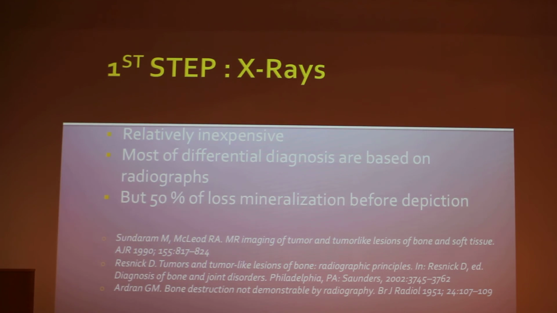X-rays are the first study to perform because it's inexpensive, and a lot of differential diagnoses are made on X-rays, especially benign lesions. Just keep in mind that you need to lose 50% of the normal mineralization before being able to depict a lesion. So just keep in mind that it's normal that you don't see anything.